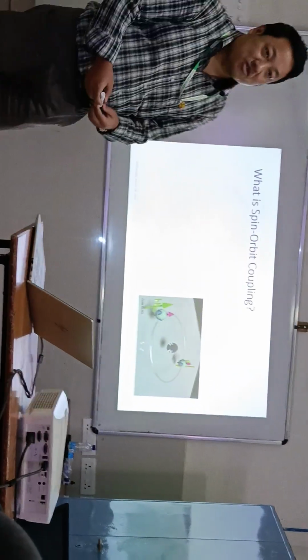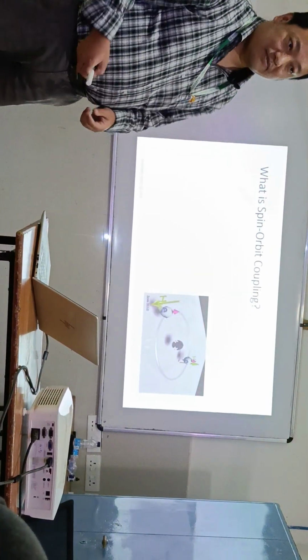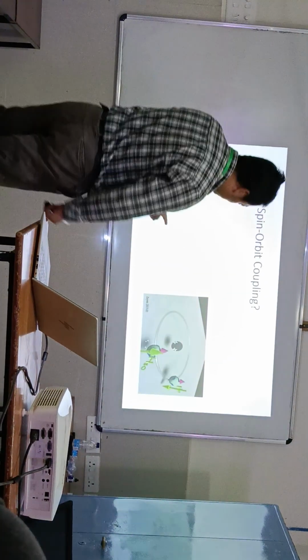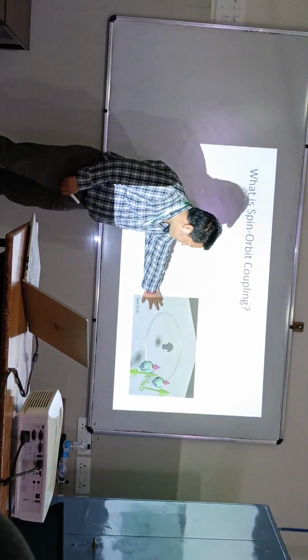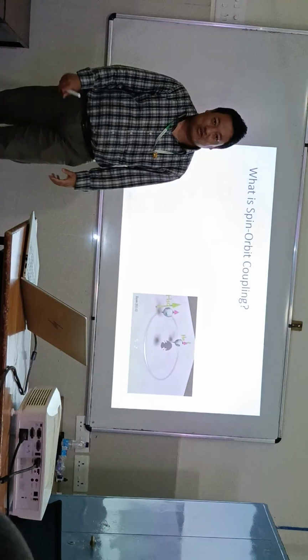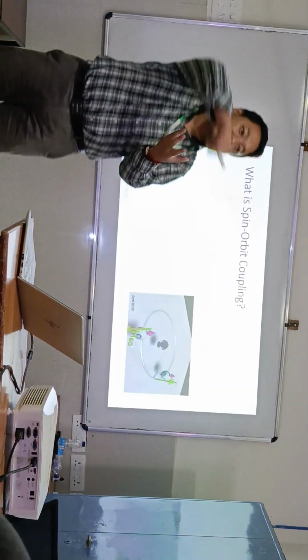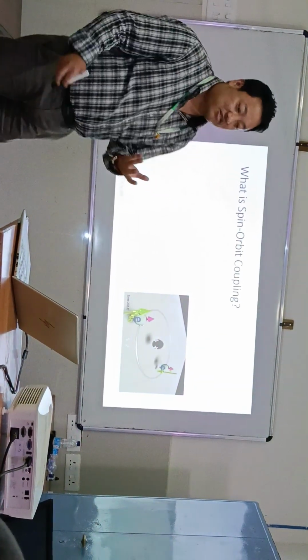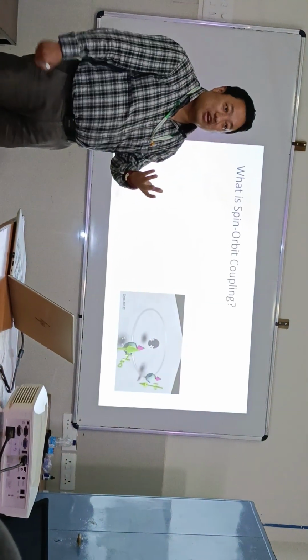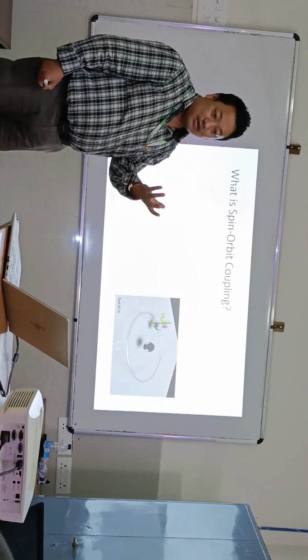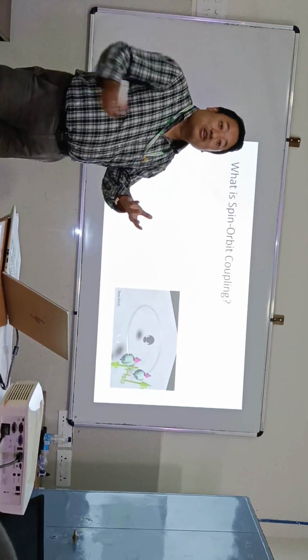Now, what is spin orbit coupling? If you look at the visual picture here, you can see two electrons revolving around the nucleus, which means the electrons are moving around the nucleus on a fixed path, which we call an orbit. It is the same as the solar system.